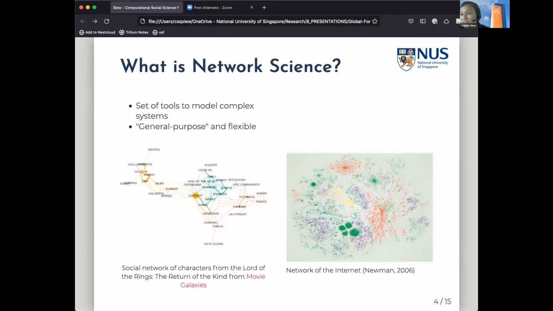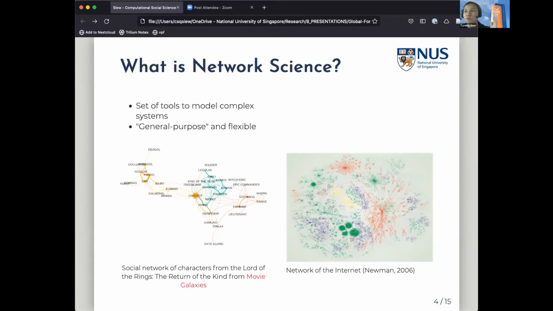And to demonstrate how quote unquote general purpose it is, on the screen are 2 different types of networks, very different from each other. The one on the left is actually a social network of characters from the Lord of the Rings movie. What is done in this graph is that the characters are the individual nodes that make up the network, and the connections between them are constructed based on co-occurrence in the same scene.